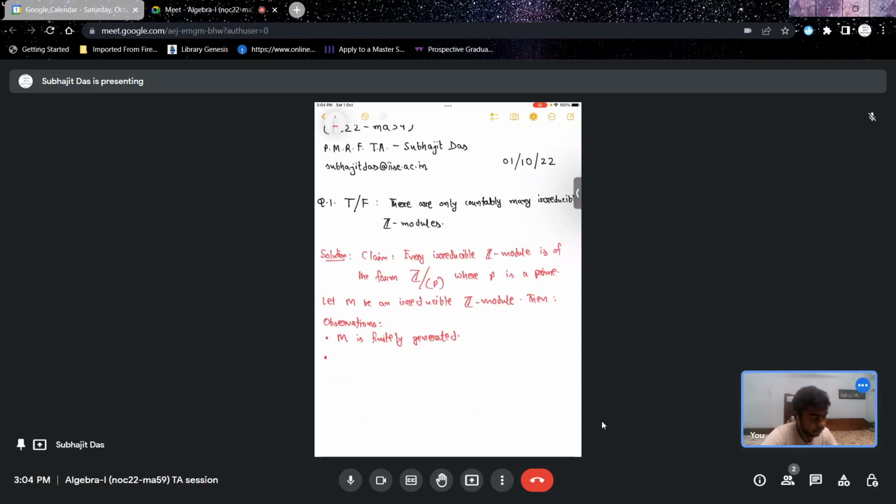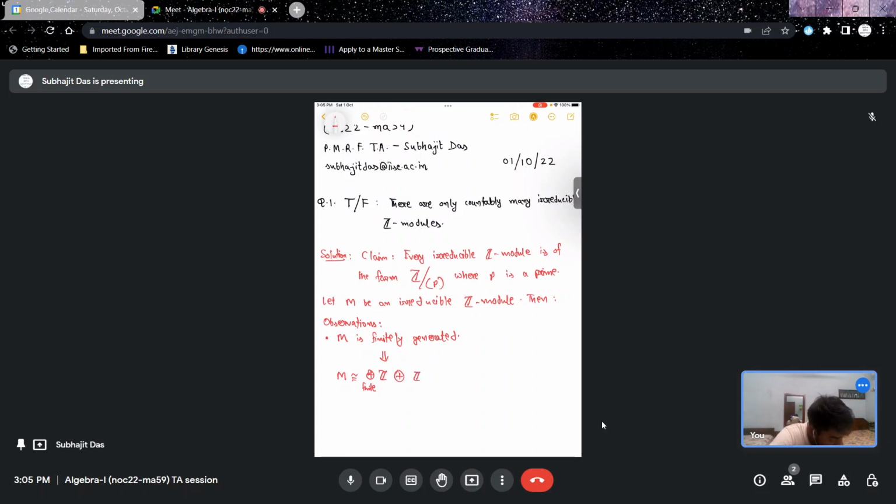Secondly, since M is finitely generated as a Z module, we know that M is isomorphic to a direct sum of finitely many copies of Z, direct sum some torsion part.